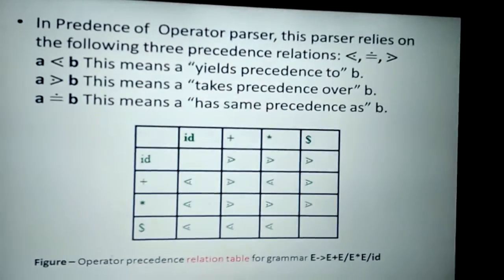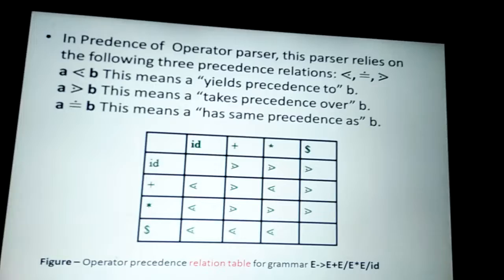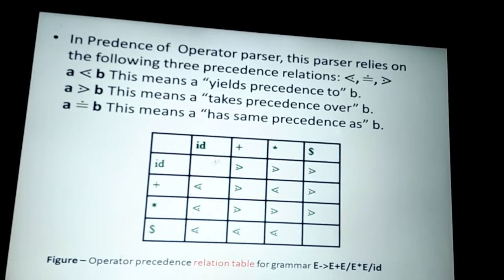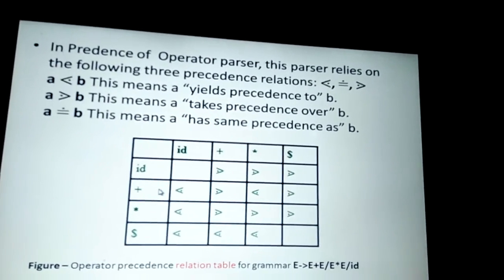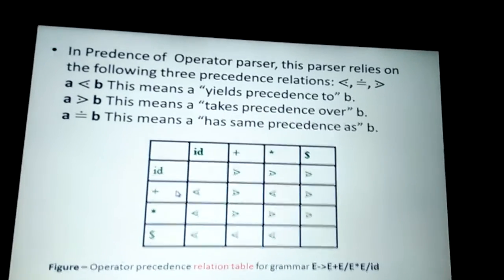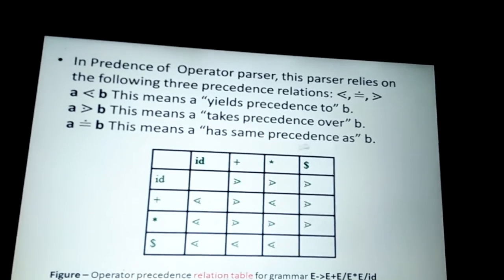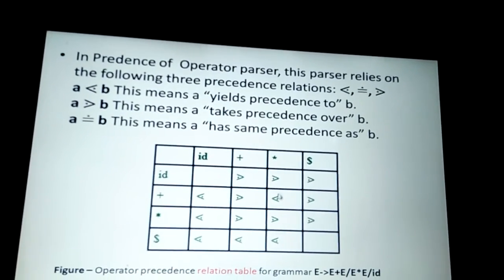Next, the operator plus is compared with the star. So plus has less precedence as compared to the star, so star has more precedence.